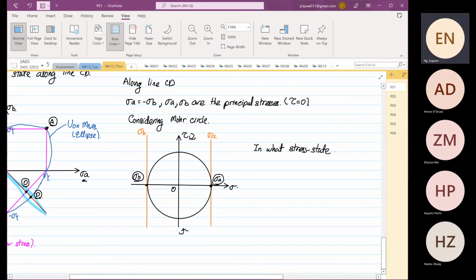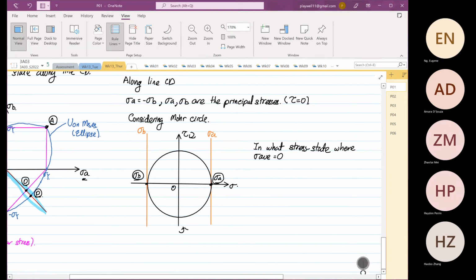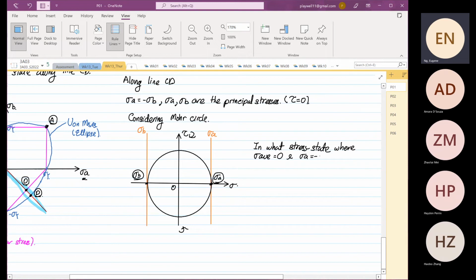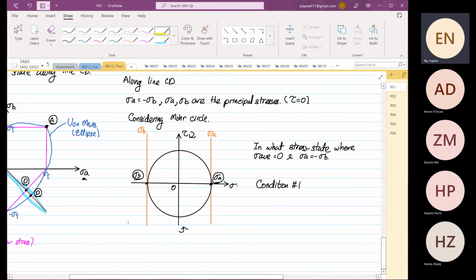We have at least 3 conditions. Based on our stress state, the Mohr's circle will always look like this.